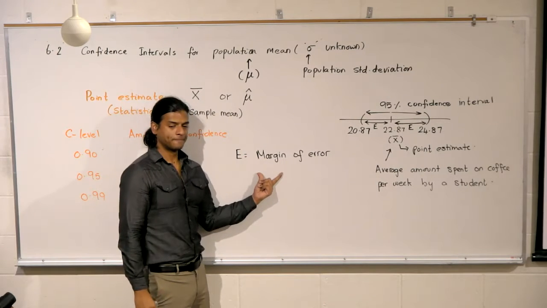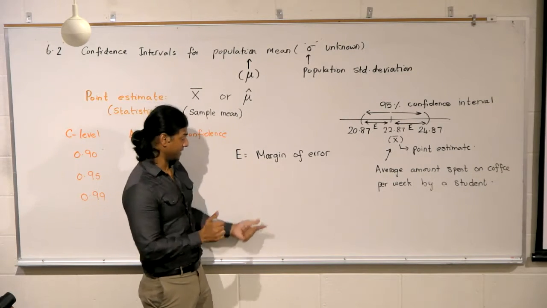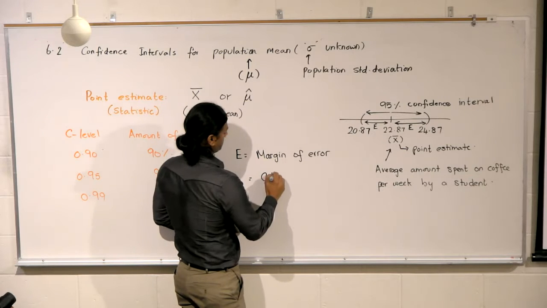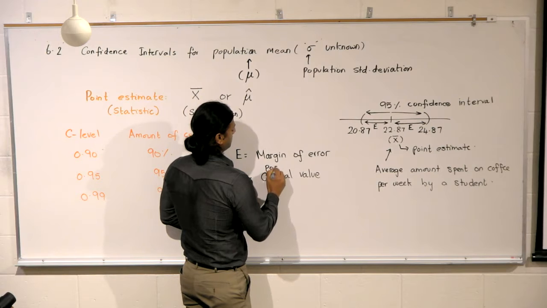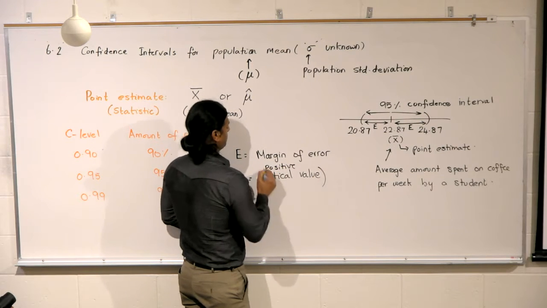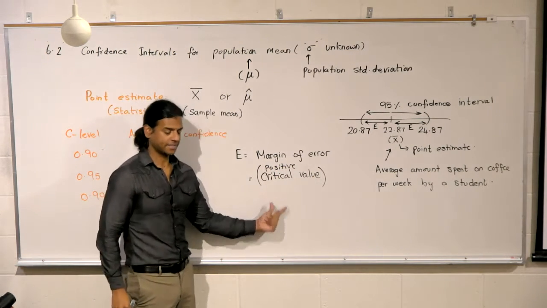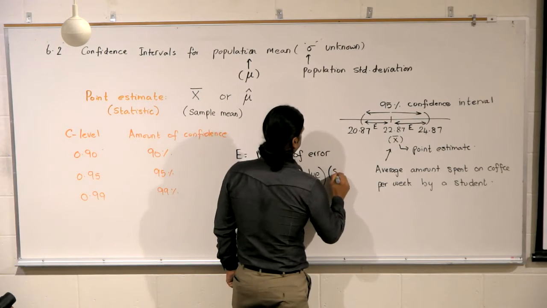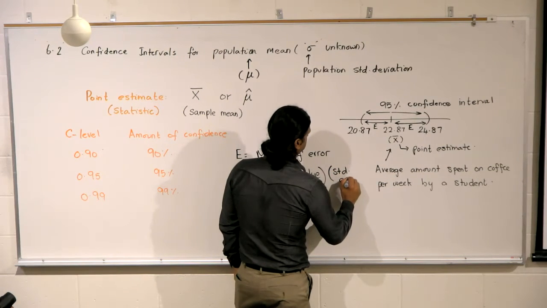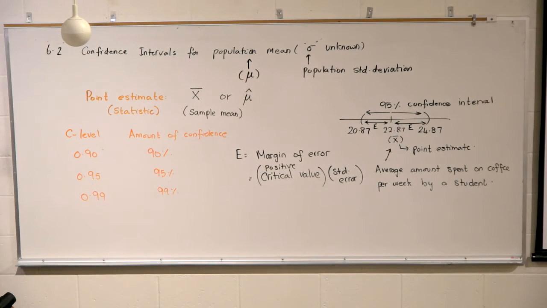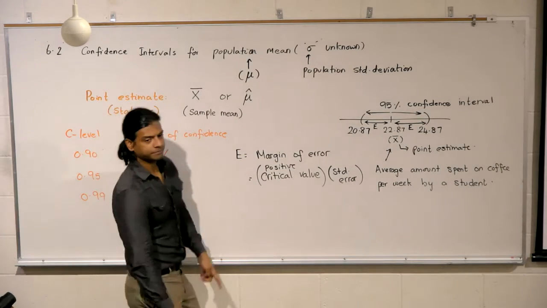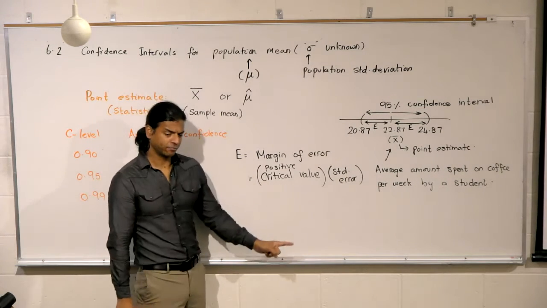The margin of error is always a product of two things: a positive critical value multiplied by the standard error. Good. This is just the formula.